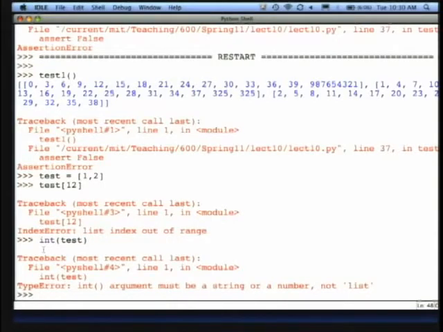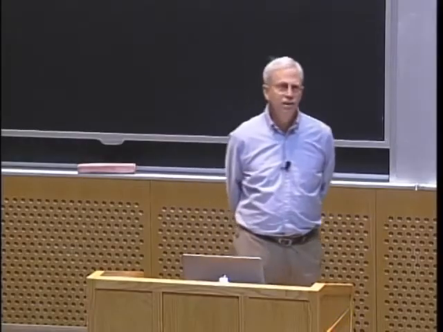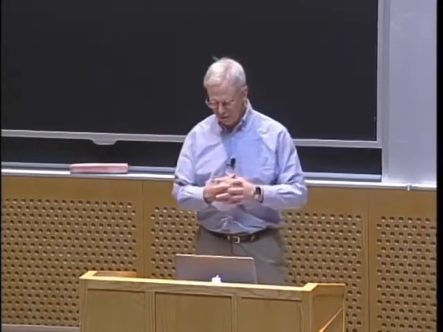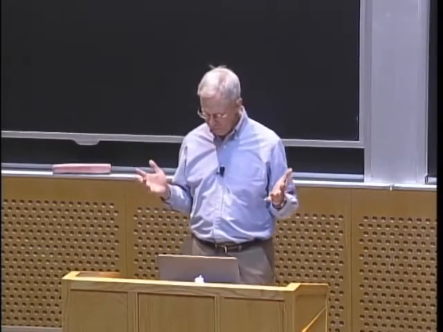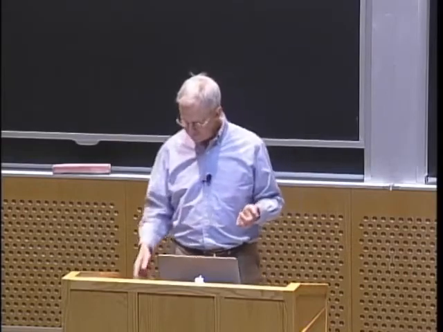Anything that ends in the word error is a built-in kind of exception in Python. We've got them when we access non-existent variables, a name error. So there are a whole bunch of these things. In each of these cases, I was just playing around in Python, and it printed an error message and it stopped.